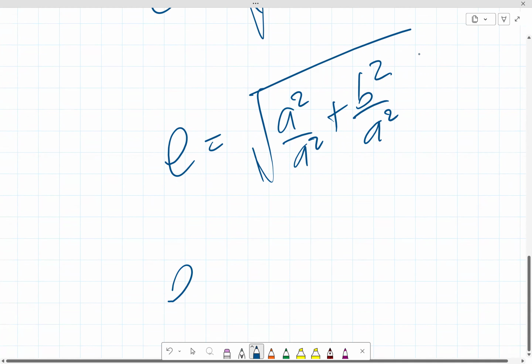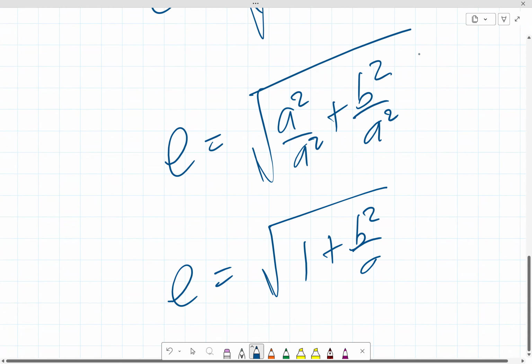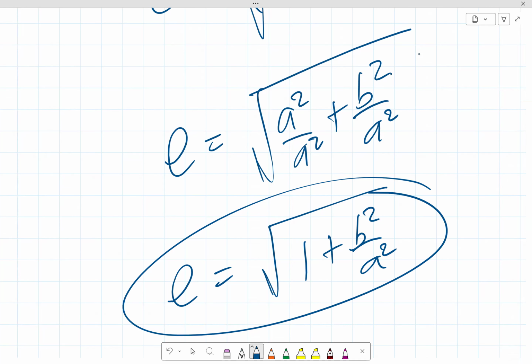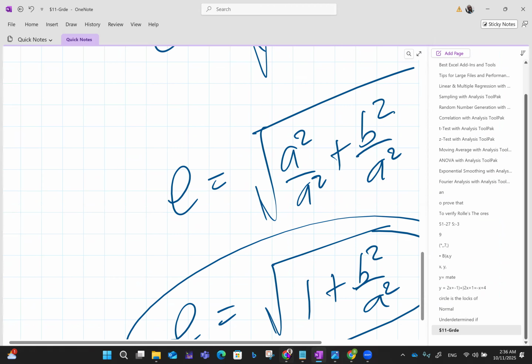So the eccentricity can simply be square root of 1 plus B squared over A squared. That's eccentricity expressed like that.